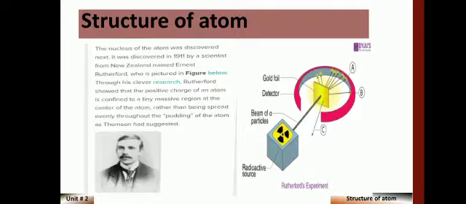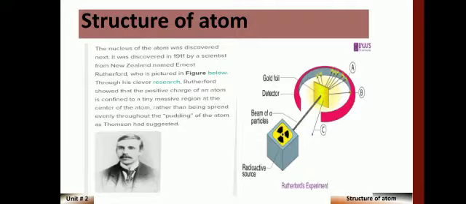After that, he concluded that most of the space of an atom is empty, as some rays are reflected through small angles and large angles. So he suggested that most of the space of an atom is empty, and these particles move and turn towards a negatively charged particle.